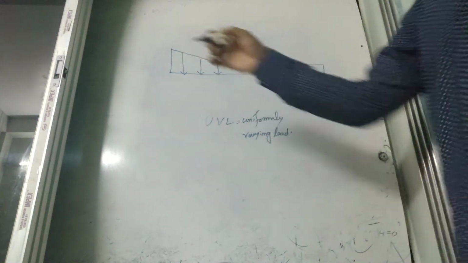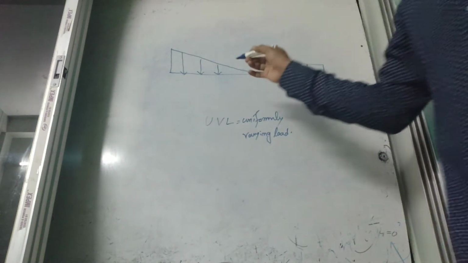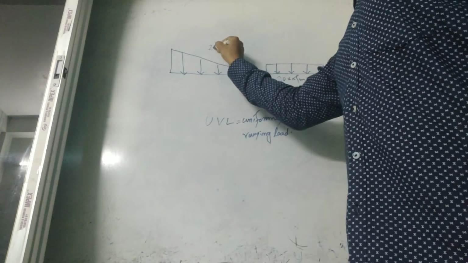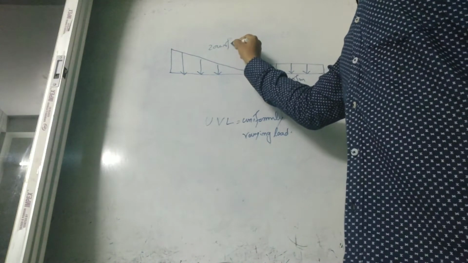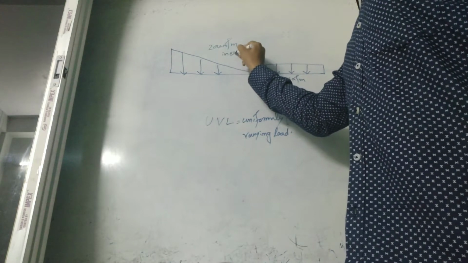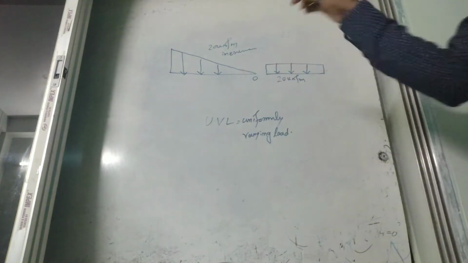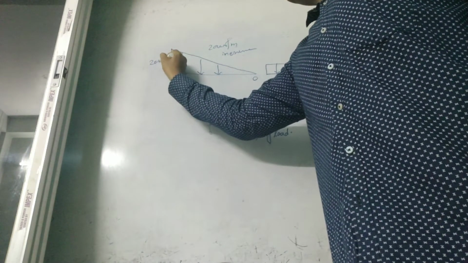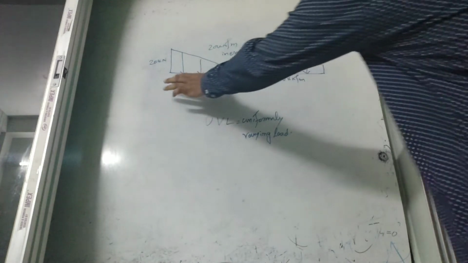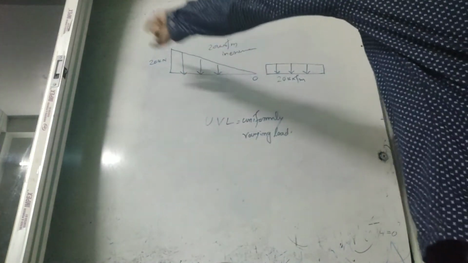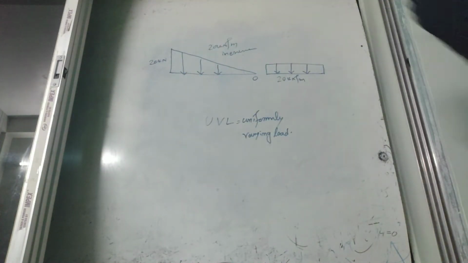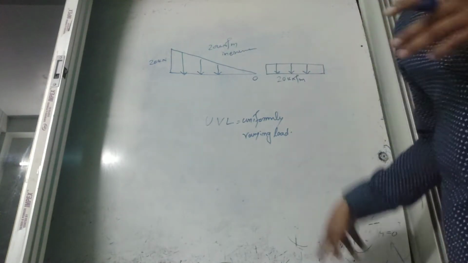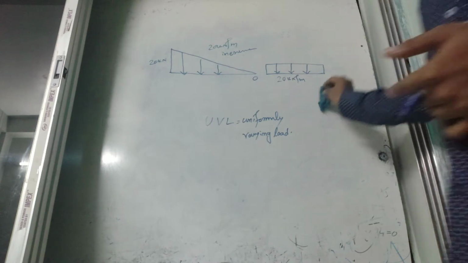But here there is an increment. If it starts at 0 and the increment is 20 kN per meter, then at 1 meter the force is 20 kN, and it keeps increasing, not the same. So how do we deal with the UVL? I will give the discussion.